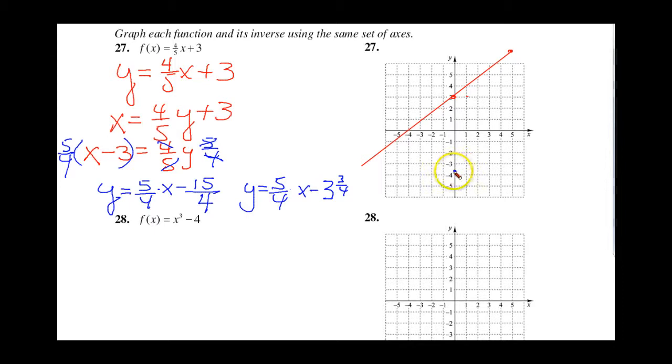And now we're going to go over 4. 1, 2, 3, 4. And we're going to go up 5. So there's 1, 2, 3, 4, 5. And we put our line in there.